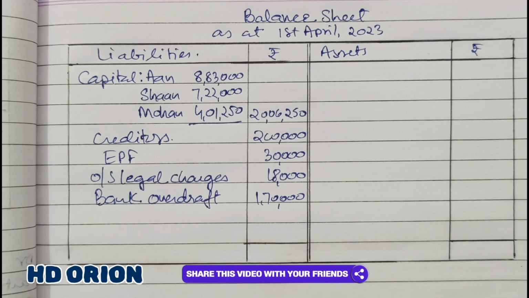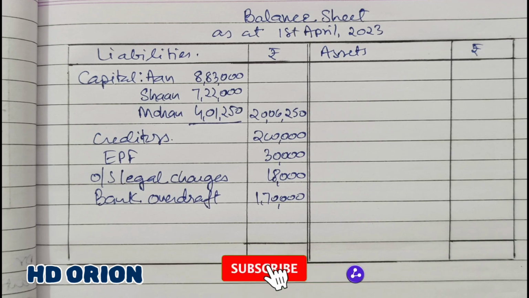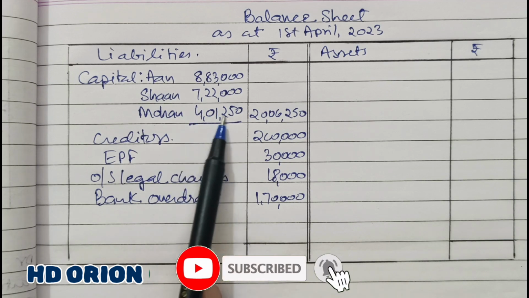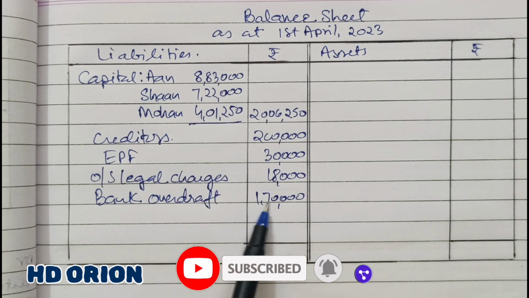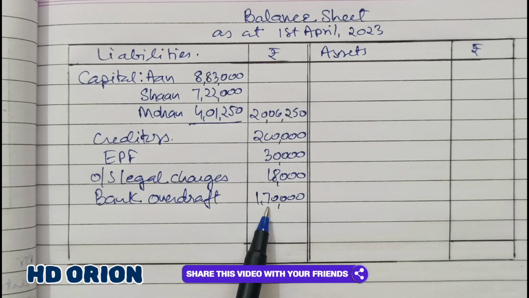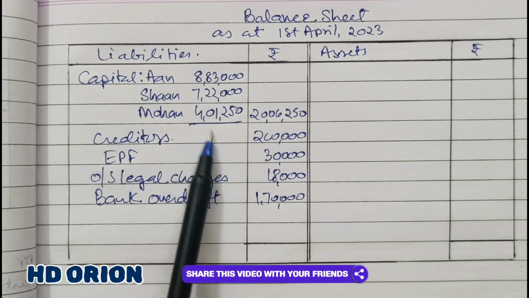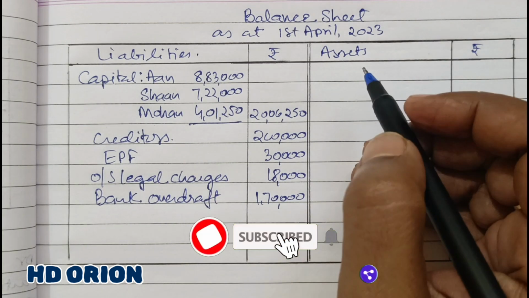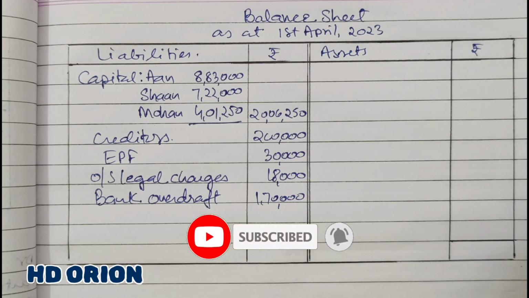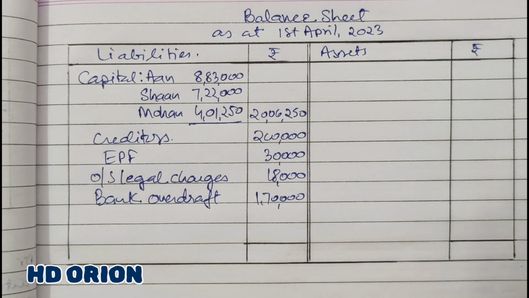So assuming there is no money in the bank, the new partner has brought this much money, which can be set off against the overdraft. But we are not doing this just to match the answer. Otherwise, if you clear the bank overdraft, then also the balance sheet will agree and the solution is correct. You have to write a note there that the bank overdraft is cleared that way.